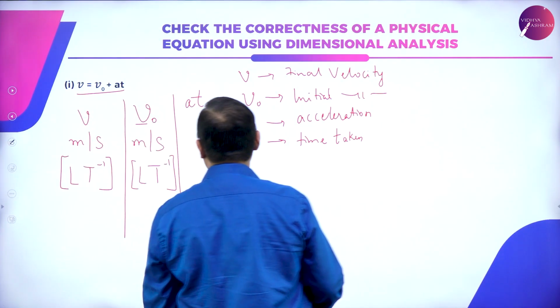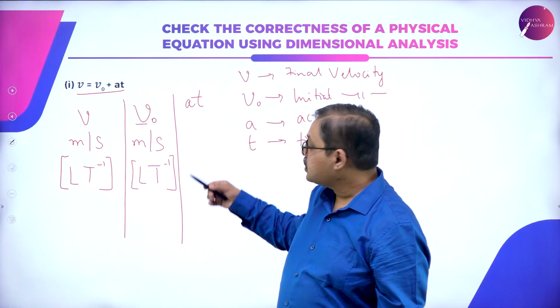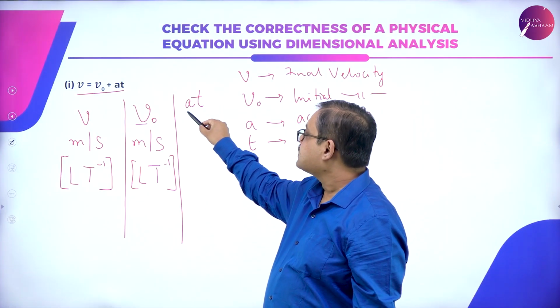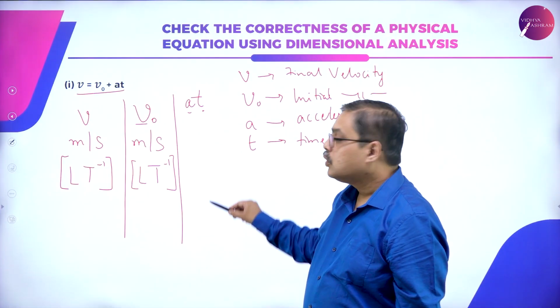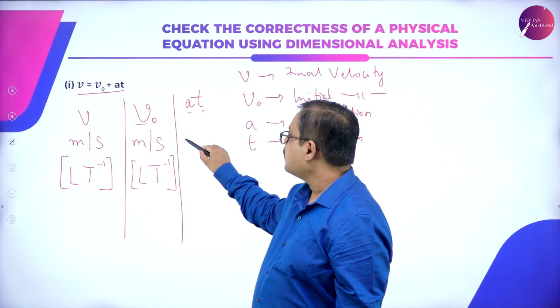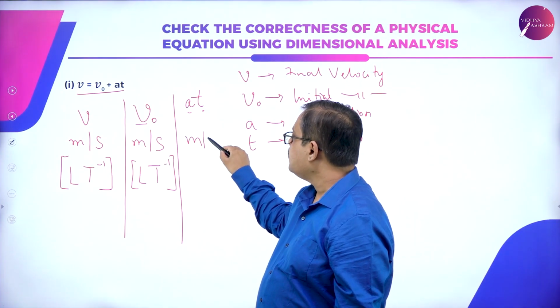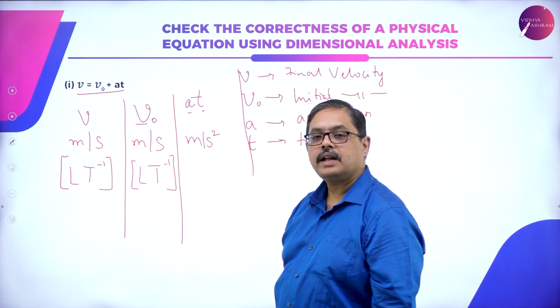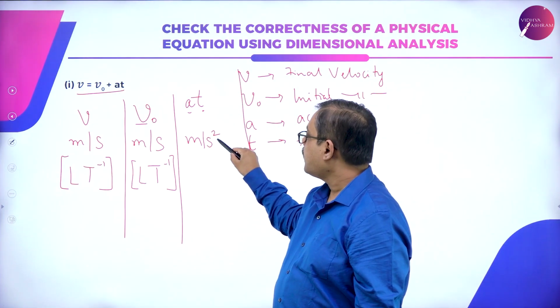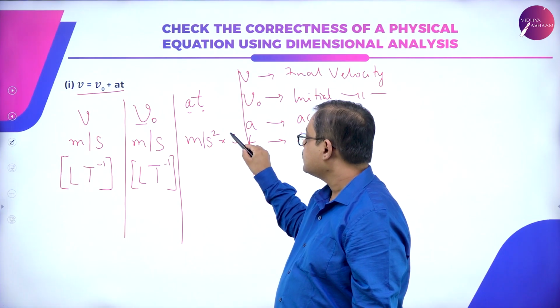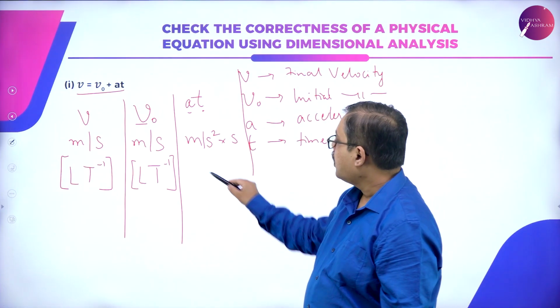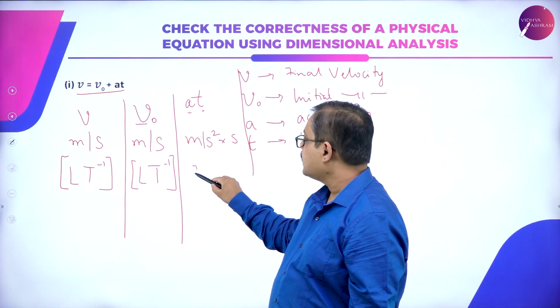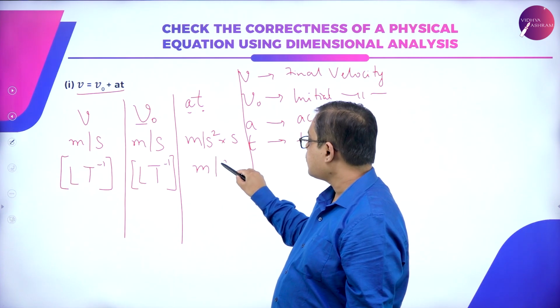Now, moving on to the third terminology, which is a product of acceleration and time. What is the unit for acceleration? The unit for acceleration is meter per second square. Meter per second square multiplied by time, whose unit is in seconds. Now, if I solve this, this will once again be meter per second.